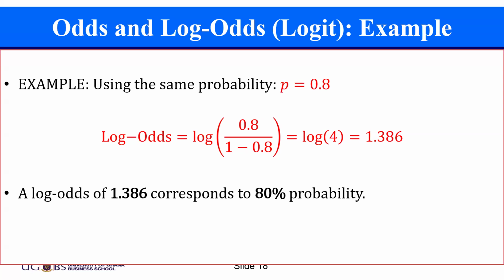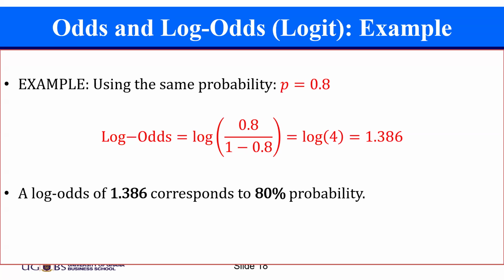Remember? My brain was just moving faster. Now we can correct that. If you want to find the log of 0.8 divided by 0.2, 0.8 divided by 0.2 will give you 4. The log of 4 will give you 1.386. So that is the log odds, the log of 4.